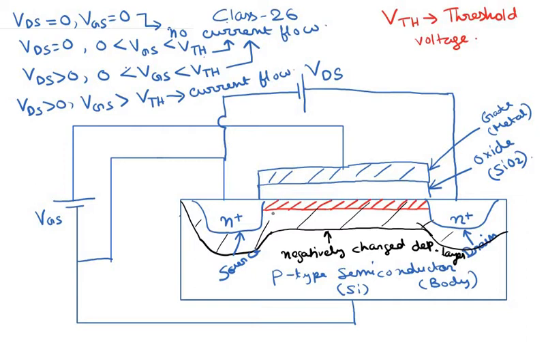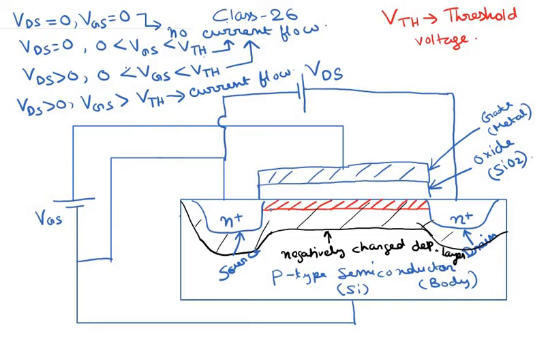Why? Because now there is a conducting channel at the surface, and this channel consists of mobile electrons, and it contributes to current flow between the source and the drain.